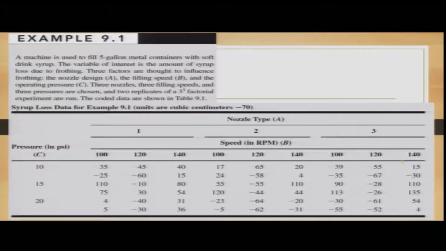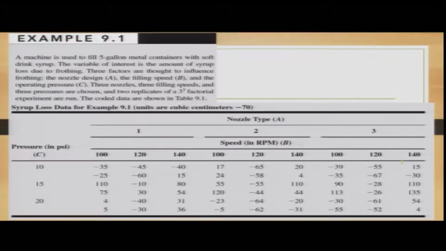Similarly, we can choose the filling speed also at 3 levels, and you can consider the 2 replicates which are there. So, if you consider the 3 factorial model, the pressures are in pounds per square inch, which is the leftmost column. These values are 10, 15, 20, and for the combinations, you have the nozzle type A, and then you are considering the speed.